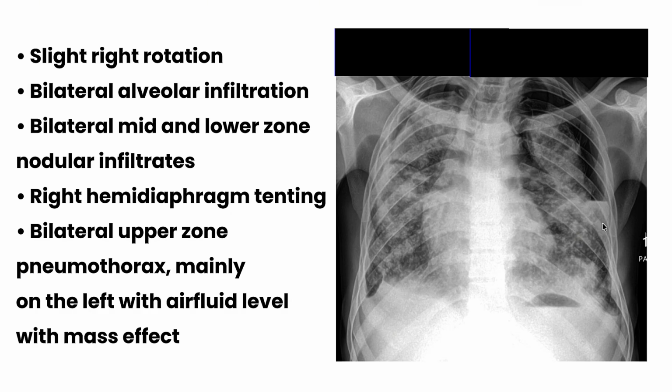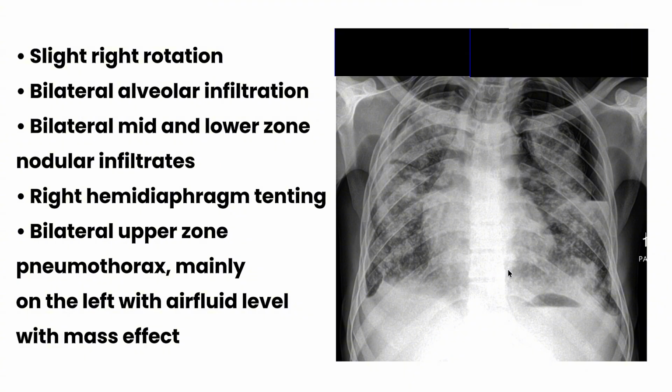In case you are not able to note them, the advice is to try and magnify the image as much as you can. Nowadays we use CRs and digital radiography, so the image can be manipulated digitally. So that's not a limitation. If you can't see some features very well, please magnify your image.